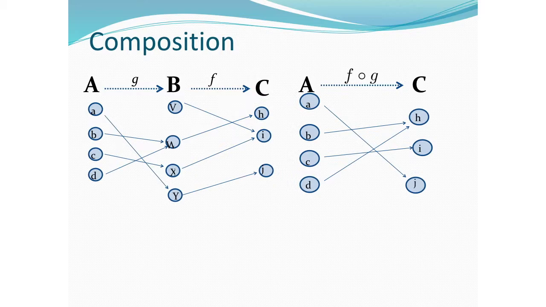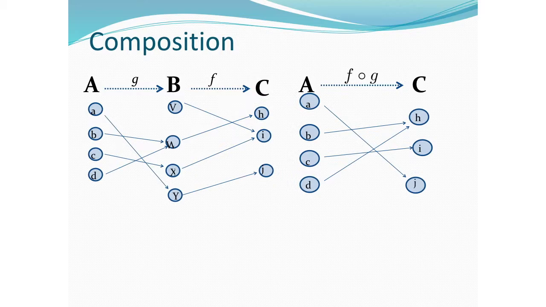Now, we have another function called f. Under the function f, there is a mapping between the elements in B to the elements of C. So, f of v is i, f of w is h, f of x is i, f of y is j.